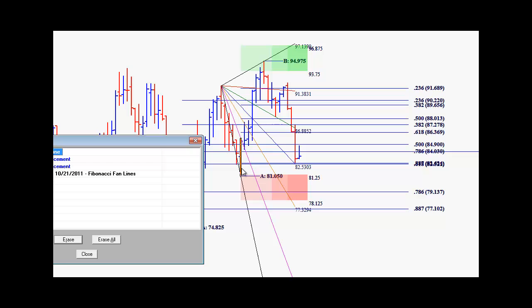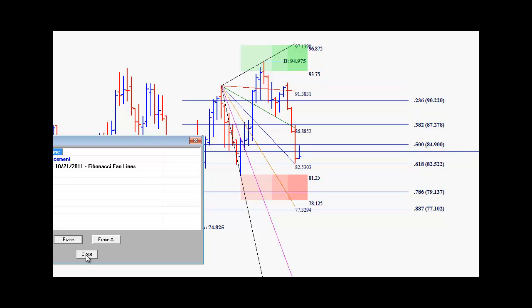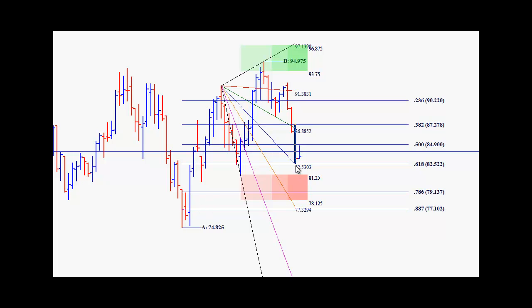Let me get rid of the other stuff that I have here. All right. As you can see, it just nailed 62% Fibonacci support. That whole move down here is 62% of the weekly move from the end of May up here to nearly the end of October. 62%.